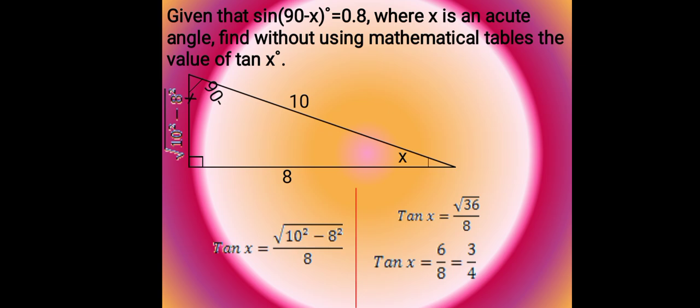So it will be the hypotenuse squared less the side we have been given squared, and then find the square root. So tan x will be the square root of 10 squared minus 8 squared all over 8. Solving for that, we get that tan x is 3/4.